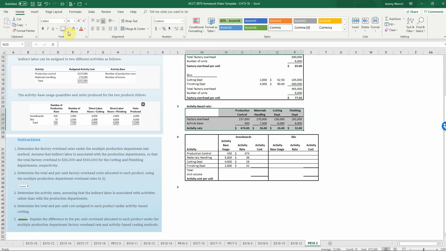Now I multiply our activity-based usage times our rate.